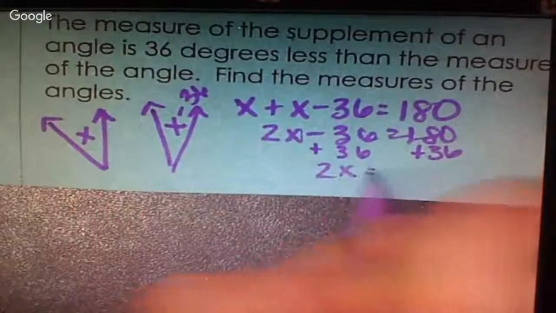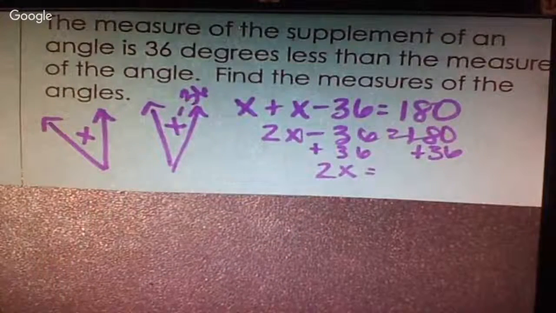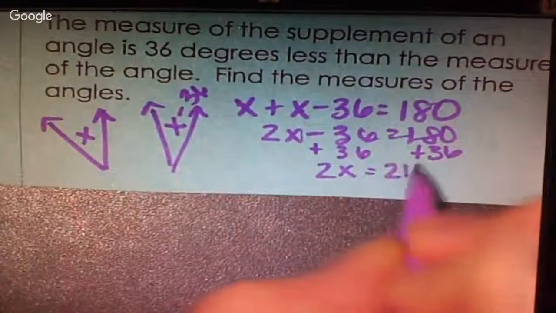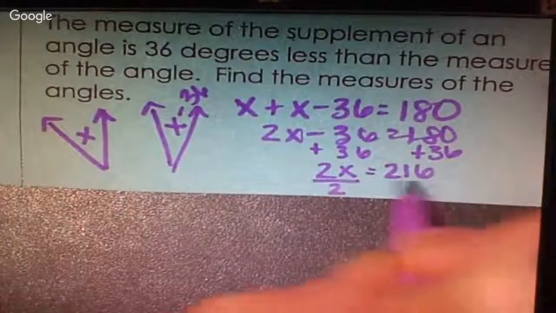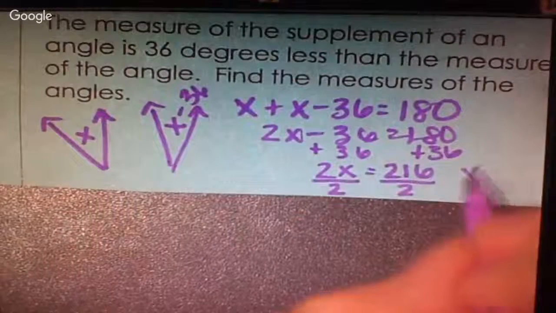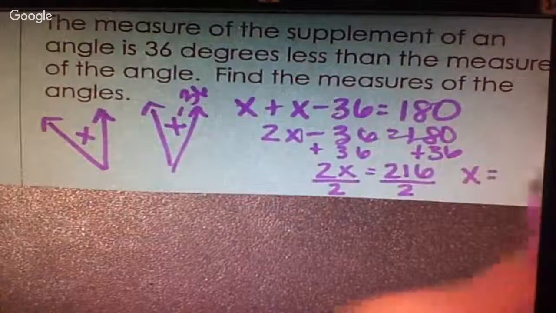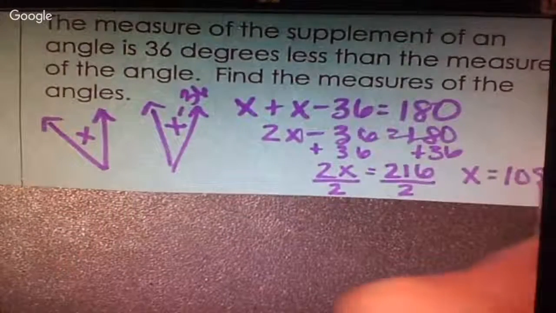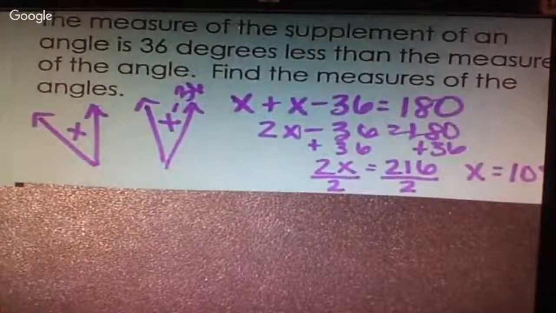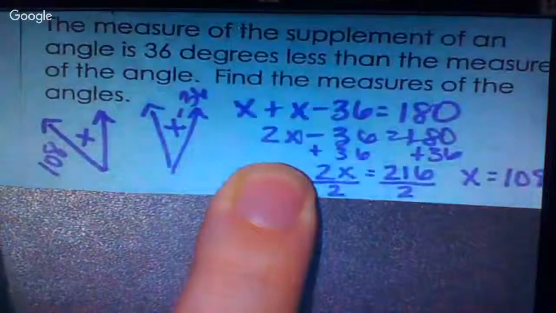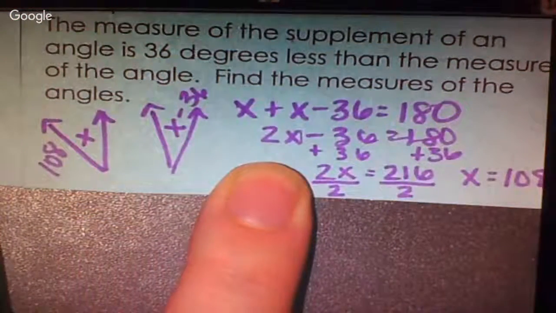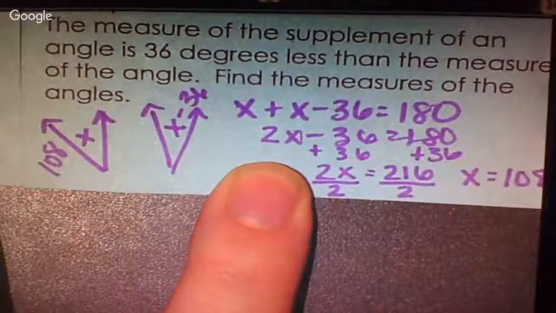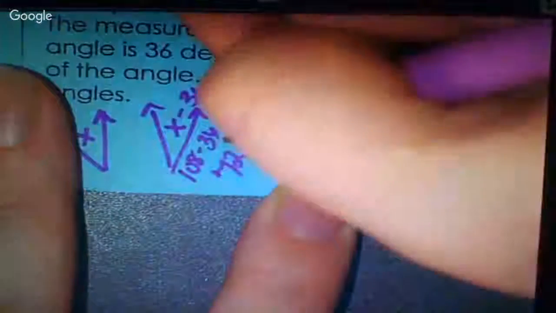So 2x equals 216, divided by 2. Hold on, everybody. 108. So one of these angles is 108 degrees. And the other angle's what then? 72. 108 minus 36 gives you 72.